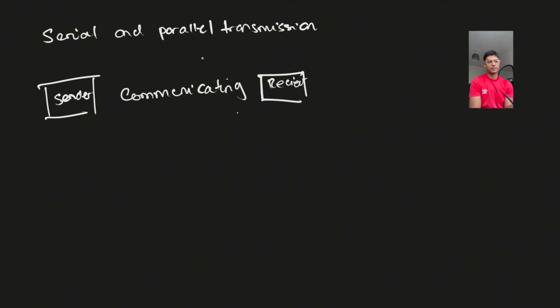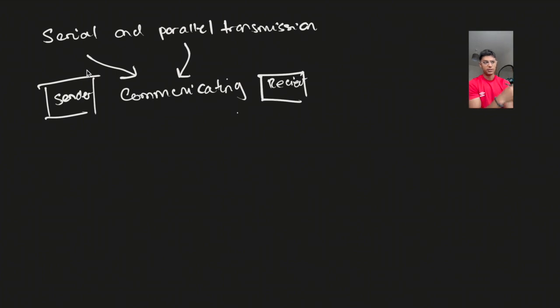And these are two different forms of communication, serial and parallel. Serial and parallel are two different forms of communicating information between a sender and a recipient, especially in the digital realm. Maybe that's from a computer to a printer or so on.